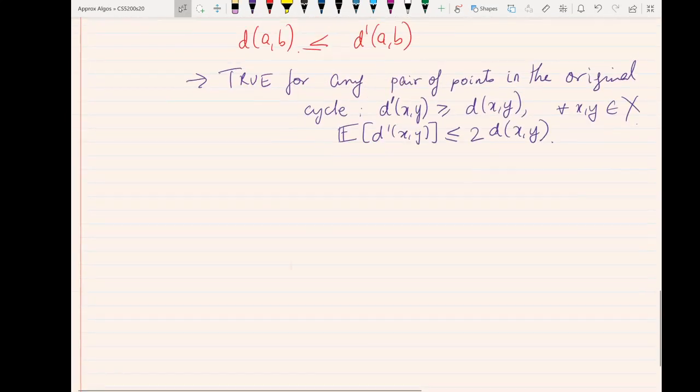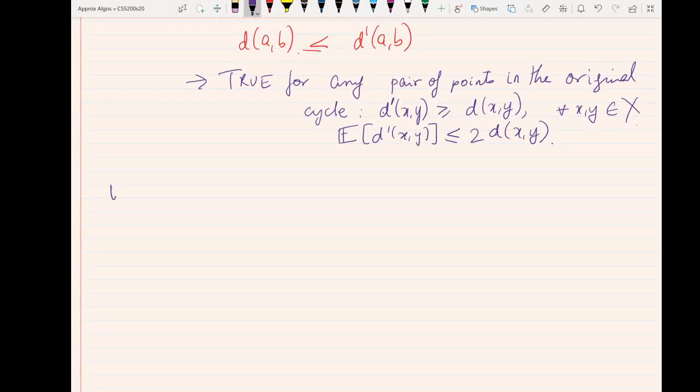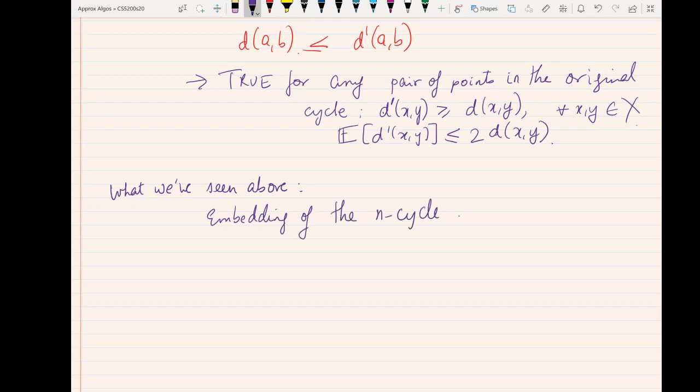So what you have seen above is an embedding, what is called an embedding of the n cycle into a distribution over trees.